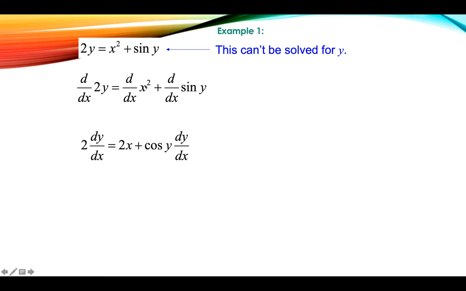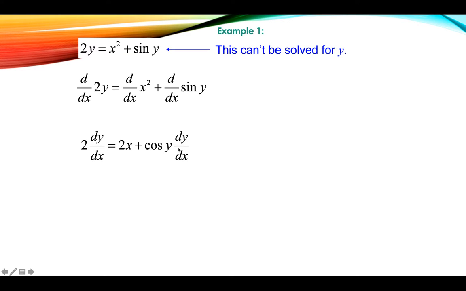And then we hop over to the other side of our equal sign. The derivative with respect to x of x squared is just 2x. And then we'll go to our last term, and we've got the sine of y. And so the derivative with respect to y is cosine y. And then the derivative of y with respect to x is just the derivative of y with respect to x.